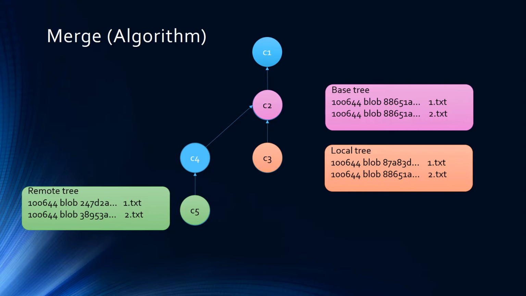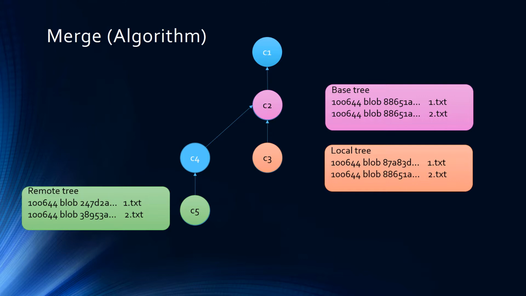The second situation, the same file in the two branches is not changed. Then take the file in the ancestor commit as the file in the merged commit. The third situation, only one of the branches changed. Then take the changed one in the merged commit.